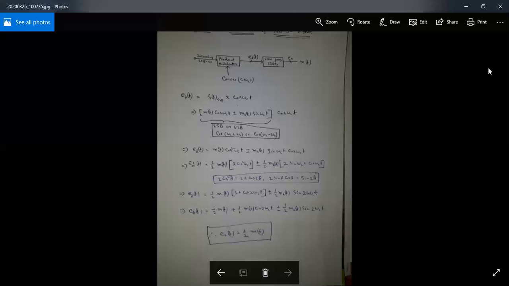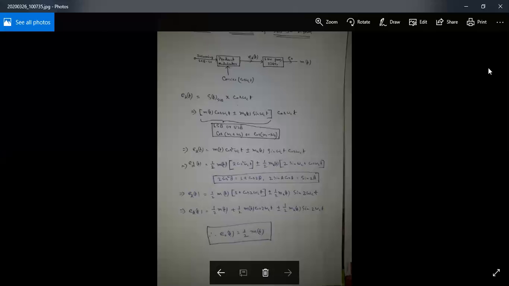Okay. Now we know, considering the lower sideband and upper sideband, the SSB-SC modulated wave may be represented as cos (omega_c plus omega_s) t or cos (omega_c minus omega_s) t, that is considering upper and lower sideband.